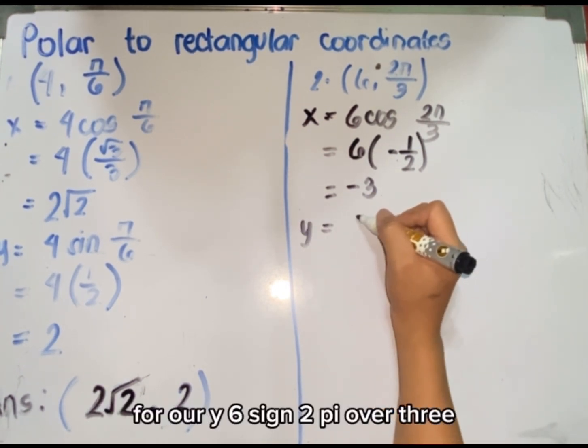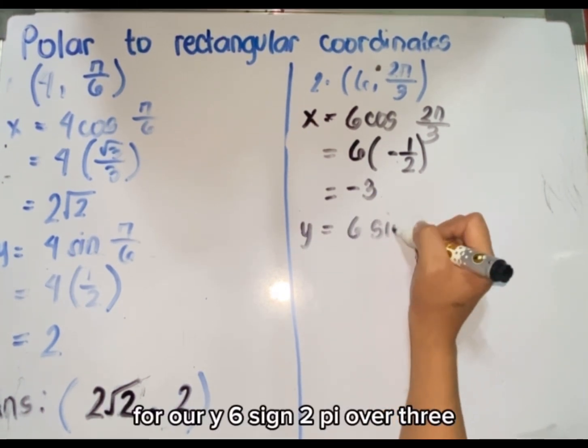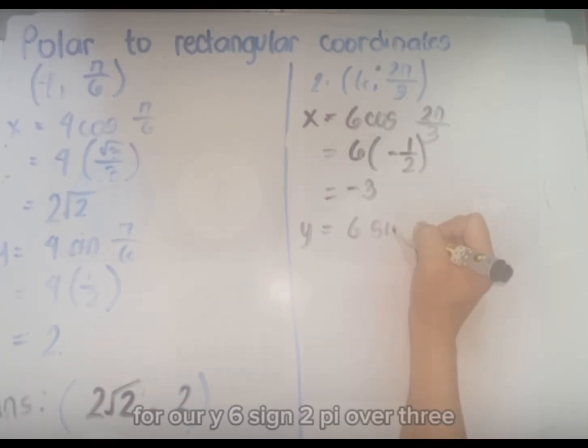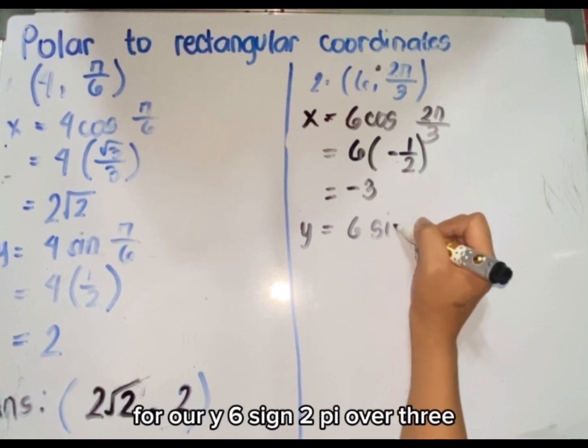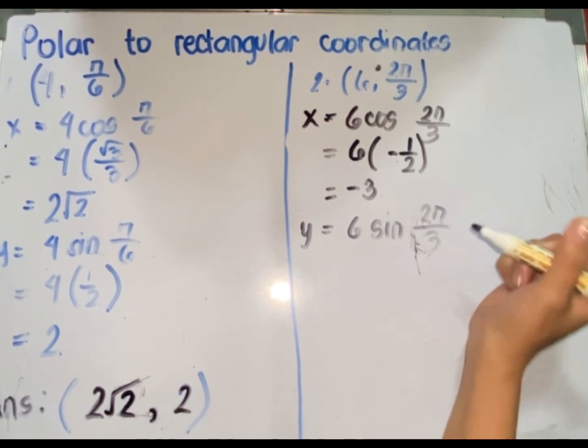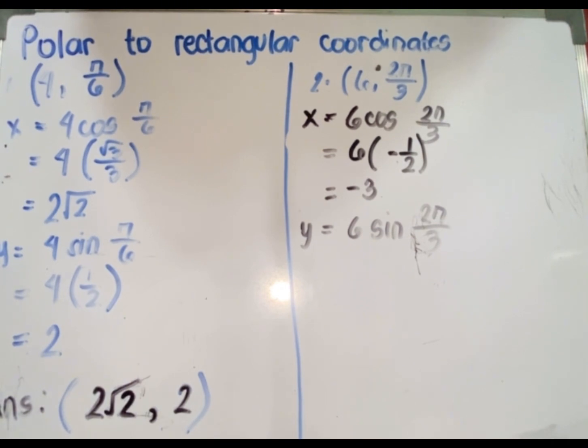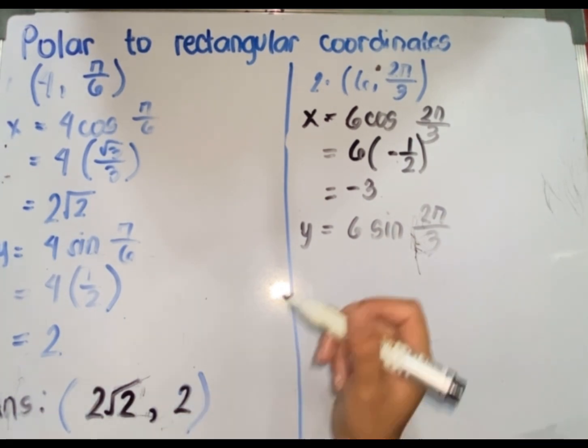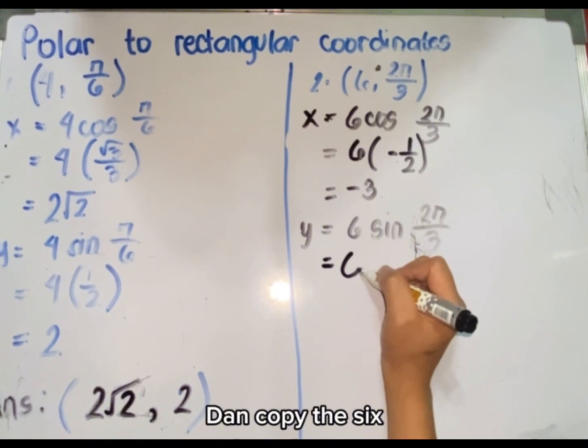For our y, 6 sine 2 pi over 3. Then copy the 6.